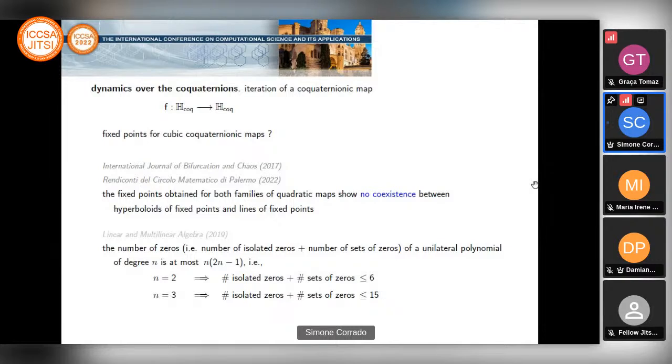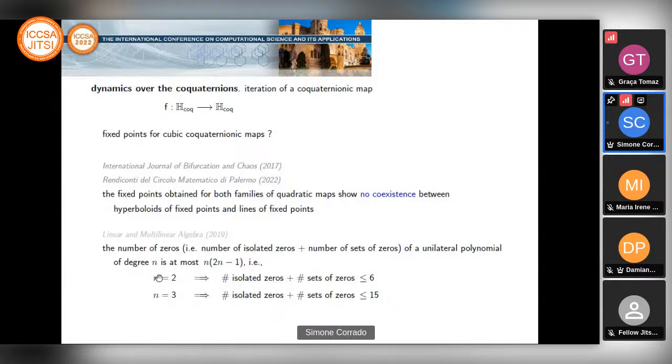And this is because maybe there is no coexistence because of a result we proved in 2019. The result says the following: the number of zeros of a unilateral polynomial of degree n is at most n times 2n minus 1.